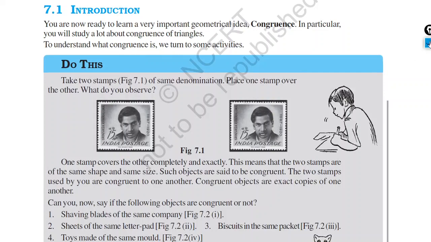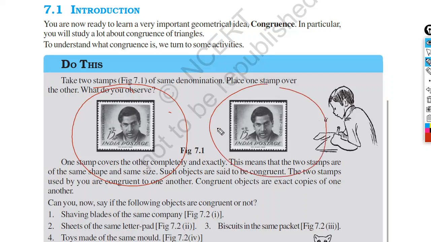Here you can see two stamps. You must have seen stamps that we use in the letters to post. So these are the two examples of stamp. Now you can see these two stamps are exactly same, exactly alike.